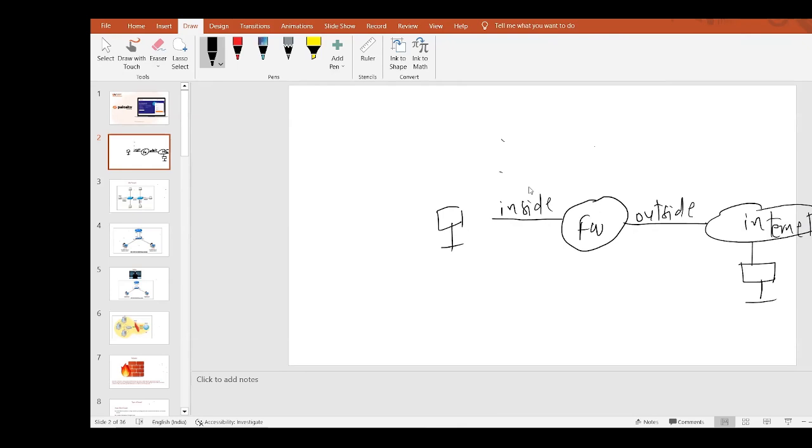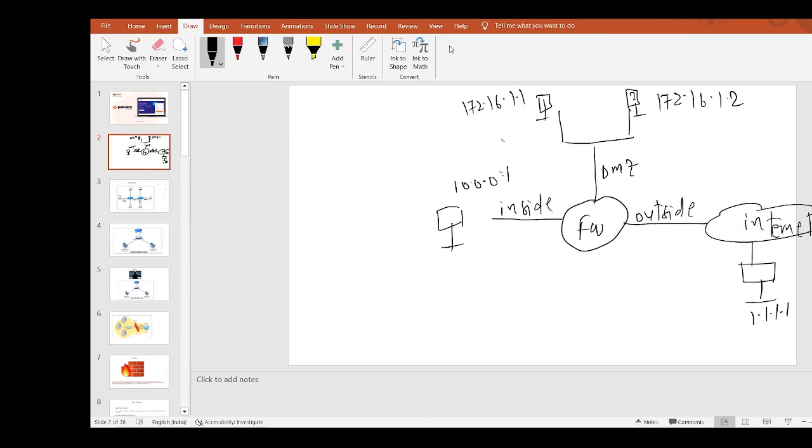And suppose we have a DMZ network with two PCs here, the subnet is the same. The IP of this PC is 10.0.0.1. This is PC1 and this is PC2. This one has IP 172.16.1.1 and this one has IP 172.16.1.2.